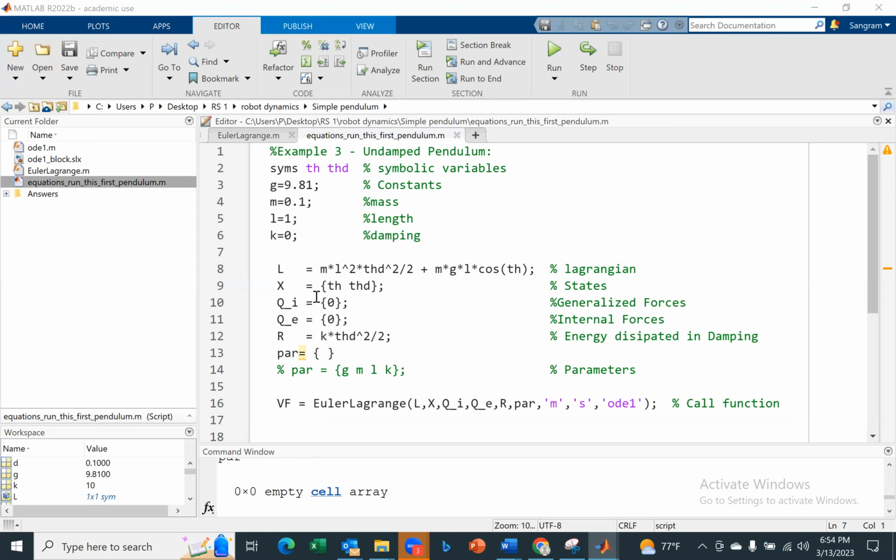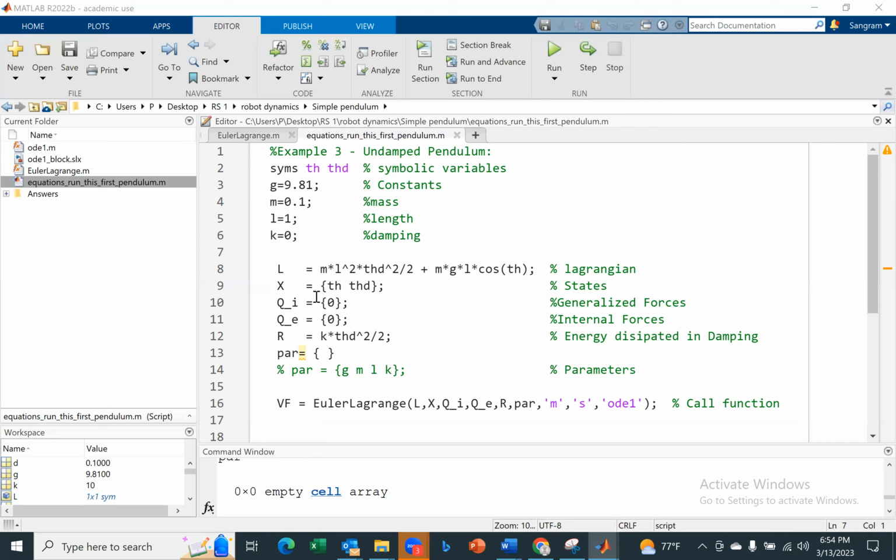This sequence has to be the same. You cannot just change the sequence. Everyone understood this? The only thing that you can change here is you can have n and you can have a blank here. If you don't have anything here, then Simulink file will not be created. But M means create a MATLAB file, create a Simulink file, and this is the name of the file that will be created. Everyone understood this?